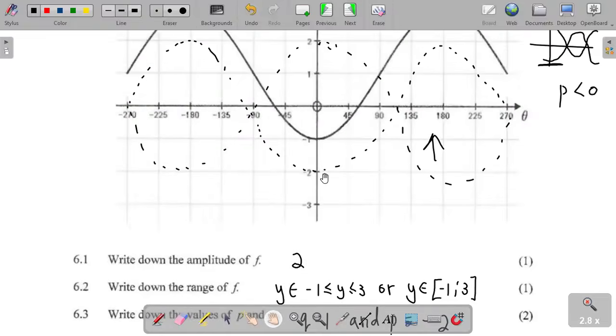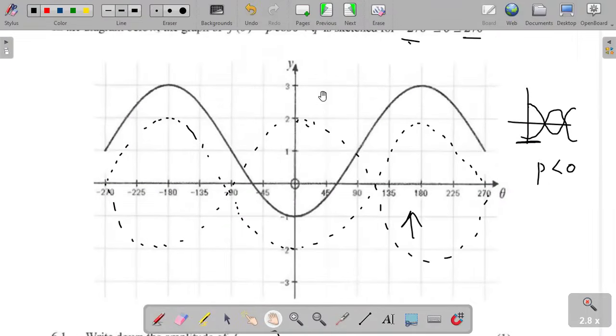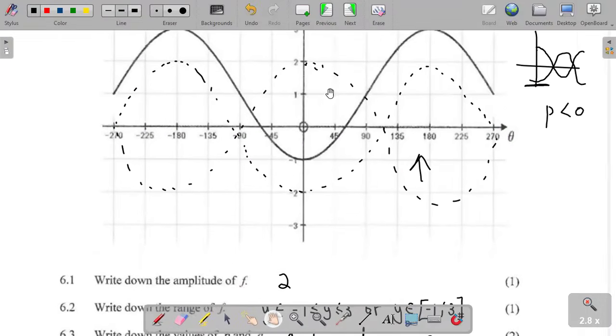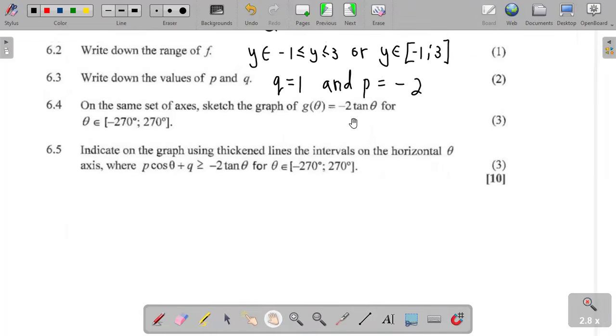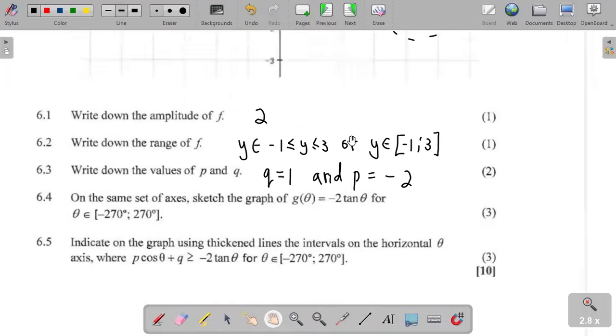So it means that on this system of axes, we have to have -2 tan theta.